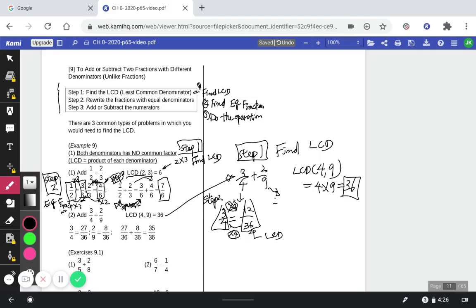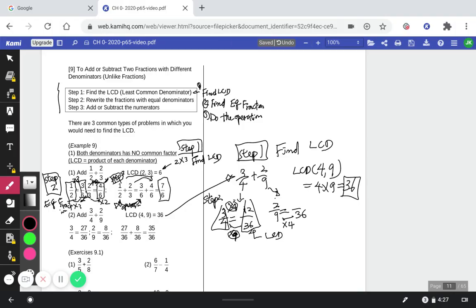Now 2/9, again, you have to convert in terms of 36, which is the LCD. Oh, I made a mistake. Previously, it was multiplied by 9, because 36 divided by 4 is 9. So you multiply by 9 to get 4 times 9 is 36.